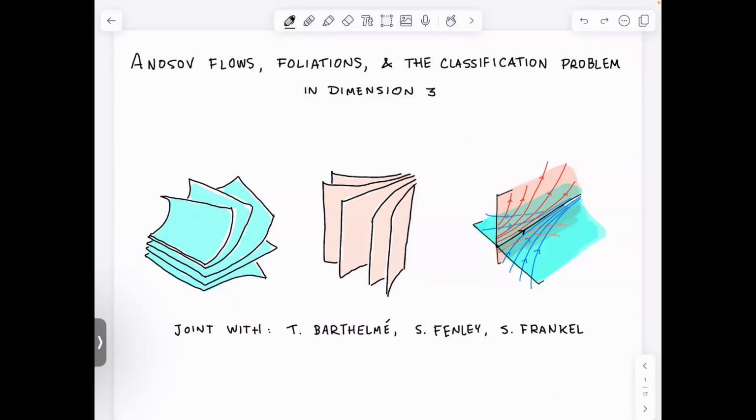Thank you. And thank you all the organizers for the invitation to speak here and to spend some time in this beautiful place. It's a treat. As you can tell from my picture, this talk is really about foliations, 2-dimensional and 1-dimensional foliations in 3 dimensions.